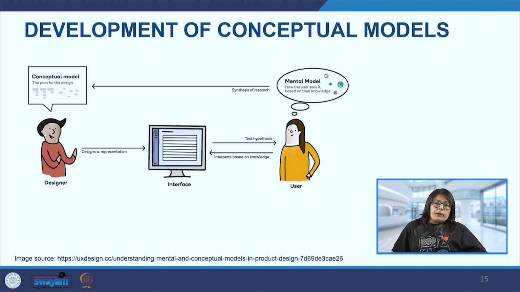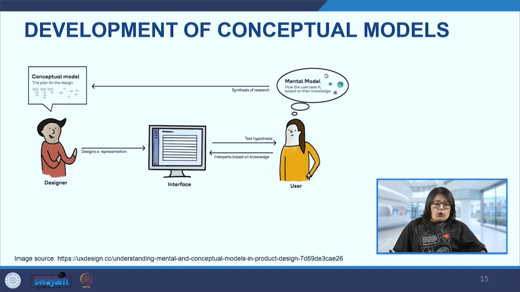So, coming to conceptual models, the development of conceptual models. They are used in human computer interaction as a way for designers to communicate how they interpret the user's mental models. They communicate this to the stakeholders or the team of designers or developers, and it helps ensure that everyone involved in the design process understands how the users interact with the product or the service.